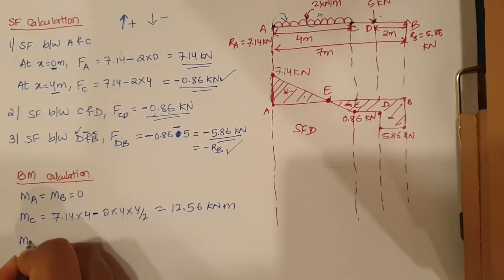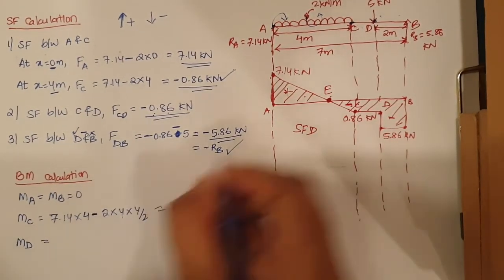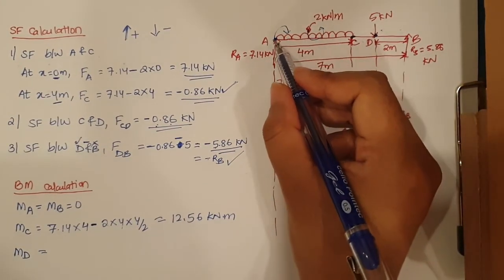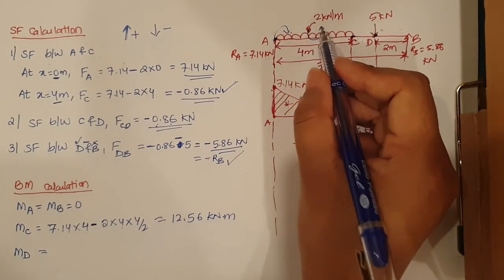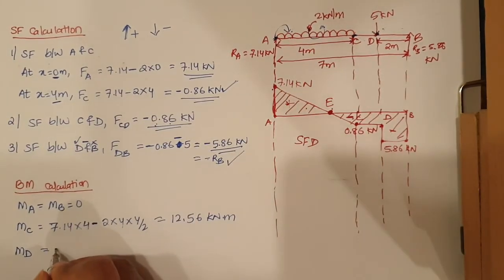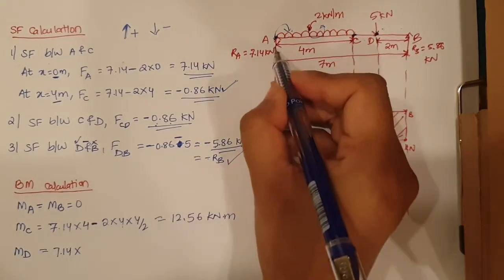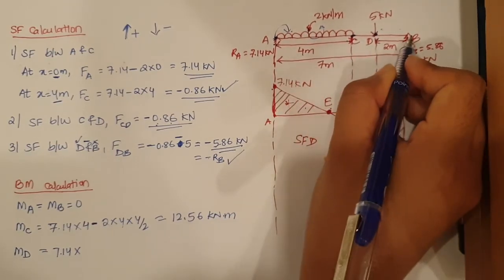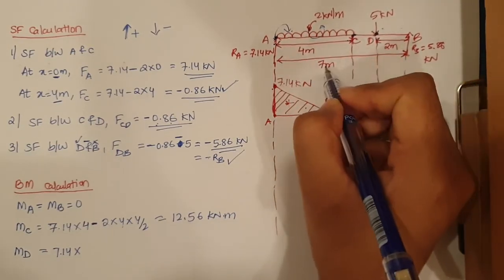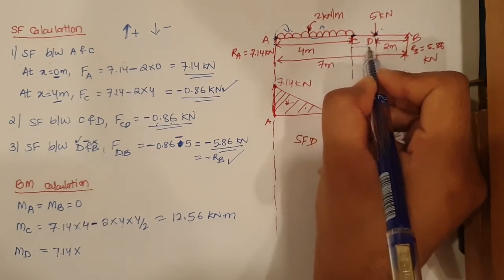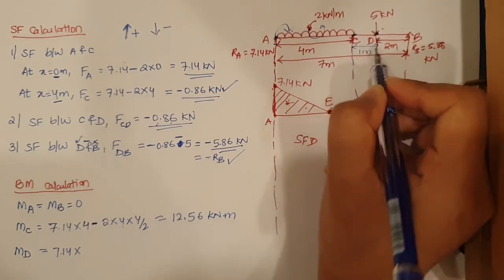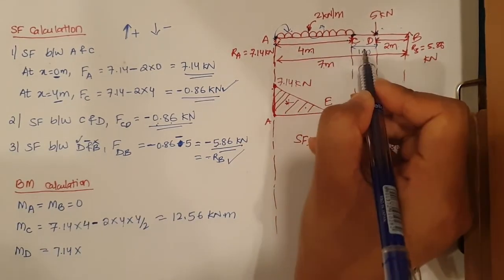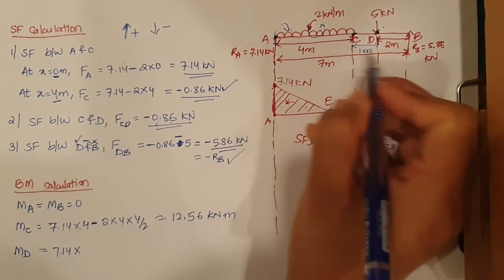Okay, so similarly the moment at D at this point will be equal to, now we need to go all the way from here till here. So this force here will be going clockwise, and the UDL anti-clockwise, right? So 7.14 into the total distance from here to here, which is 4 plus 1, so 5.